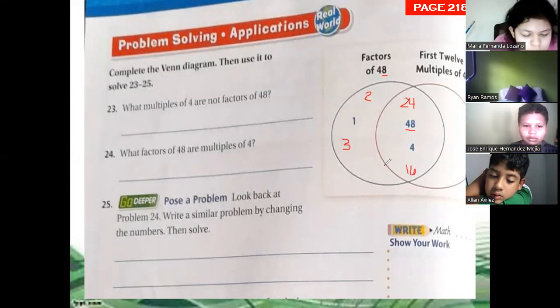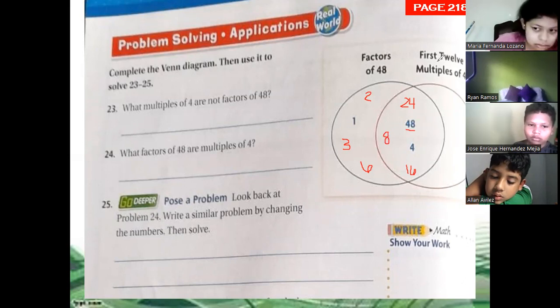Common number here, 3 times 16. Is it divisible by 5? No, because it doesn't finish in 0 or 5. It's divisible by 6. Yeah, 6 times 8 equals 48. Okay.